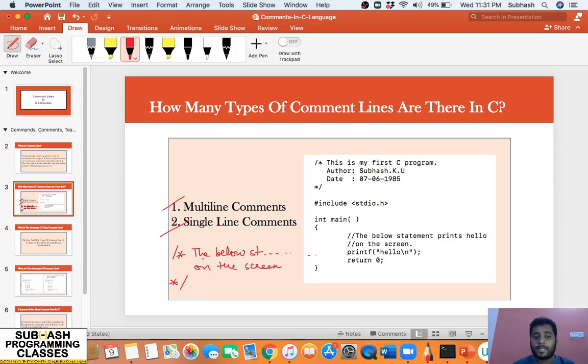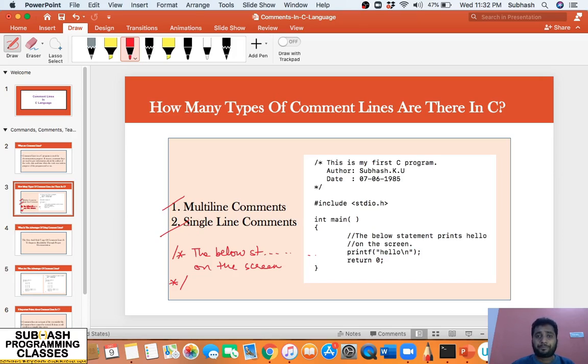So this is basically the use of multi-line comments. If you have multiple lines of code or statements to comment out, you can make use of multi-line comments. And if you wish to comment out only a single line, then you can make use of single line comments using two forward slashes. So these are the two types of comment lines: multi-line comments and single line comments.